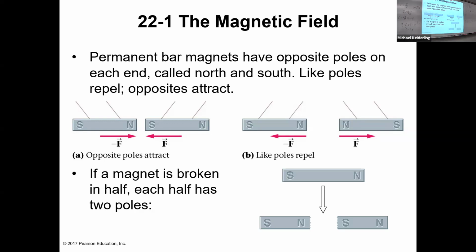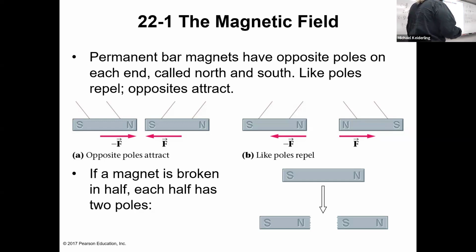So if you break a permanent magnet in half, each half will have two poles. Unlike the electric field, which starts at positive charges and ends at negative charges, the magnetic field actually continues through a permanent magnet.